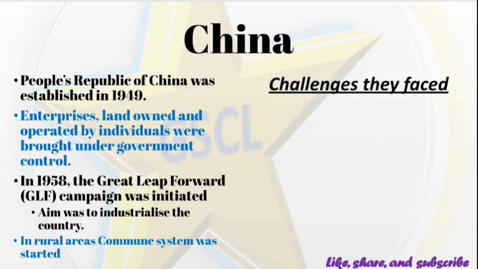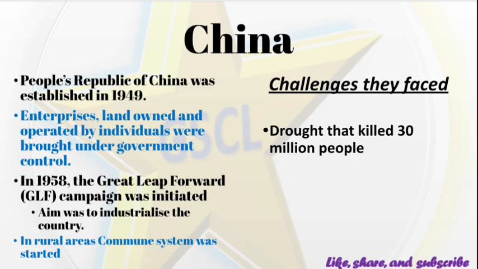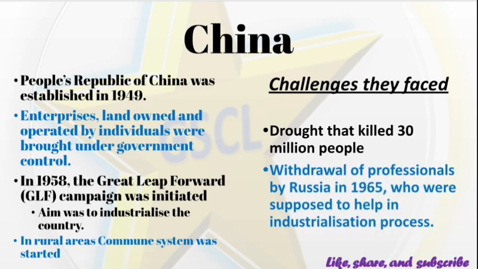This campaign struggled due to a few challenges, the first being the drought that killed 30 million people, and Russia withdrawing its professionals from China who were sent to help in the process of industrialization.